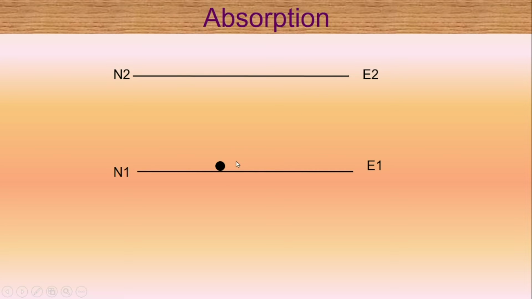Suppose this is an atom, and if a photon is incident on this atomic system, then this ground state atom absorbs this photon and jumps to the higher state, and this process is known as absorption.